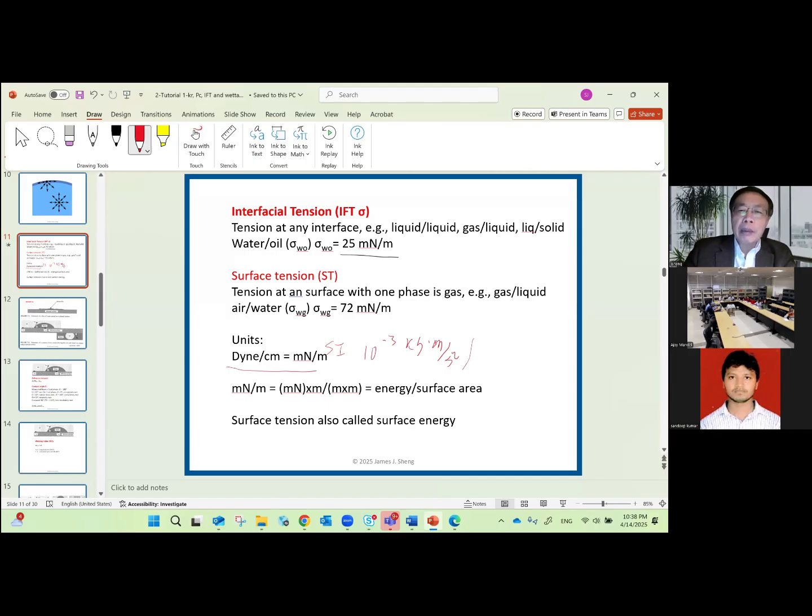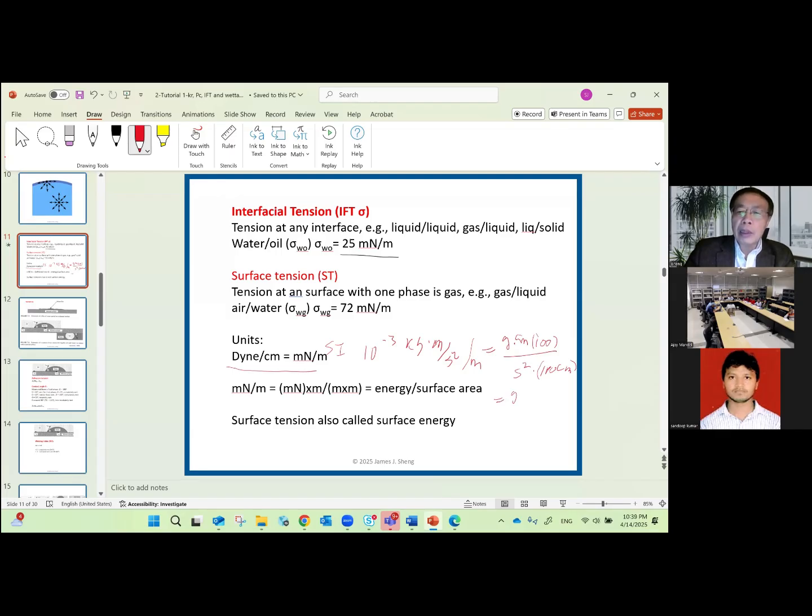Divided by meter, the kilo and the milli cancel each other, so we have gram per second squared. Now meter is 100 centimeters, so you cancel the 100.